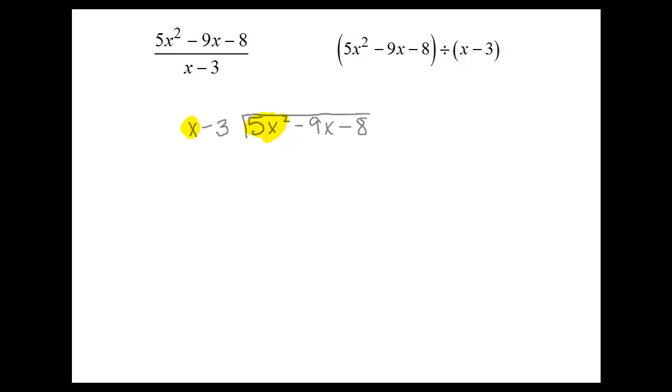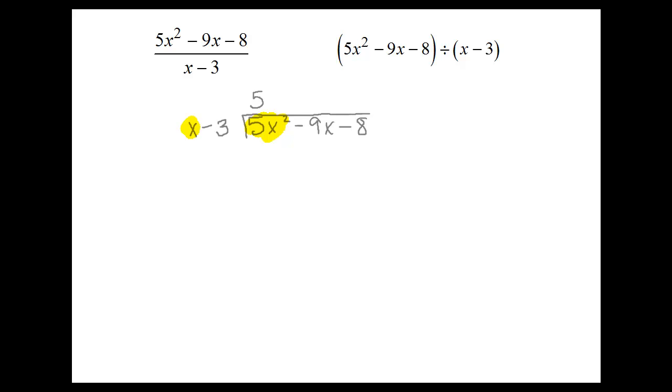So you just really want to start by focusing on those two terms, and you want to think about, what do I have to multiply the x by to get 5x squared? We might have to think a little bit about that. First of all, for the coefficient, I'm going to need to multiply by a 5 to get the right coefficient.